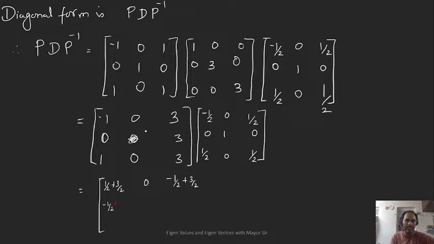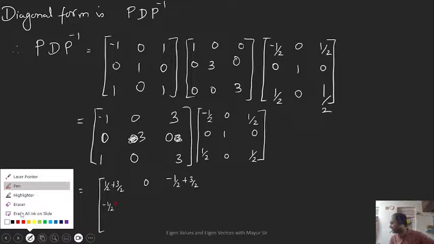Here it will be 3, and then 0, here it is 3, here then it is 0 over here. Here it is 0, and here it is 1 into 0. Just a minute, I think there is some error.